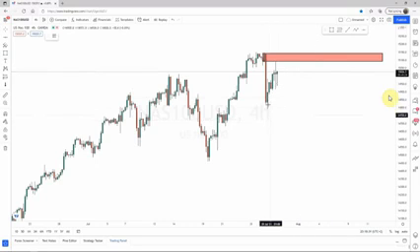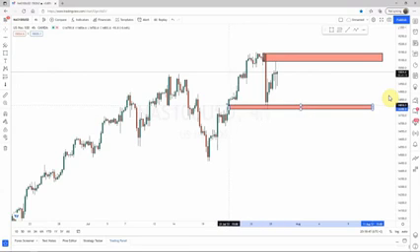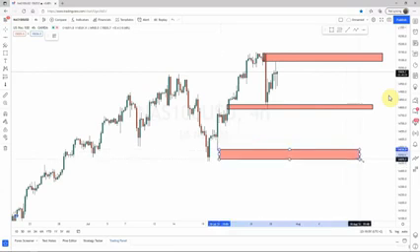And we can then draw in a level of demand. And then let's look at another level. So I would say this level over here.